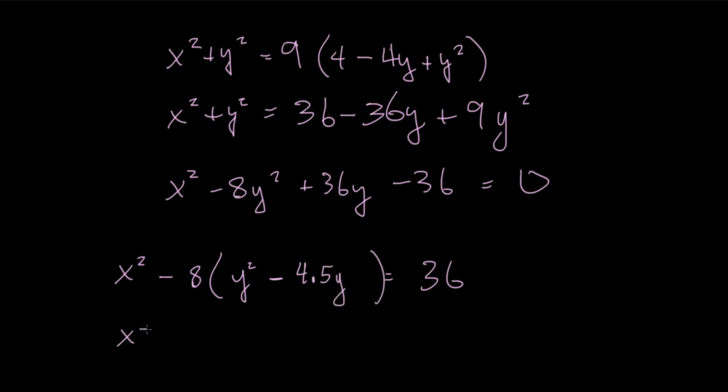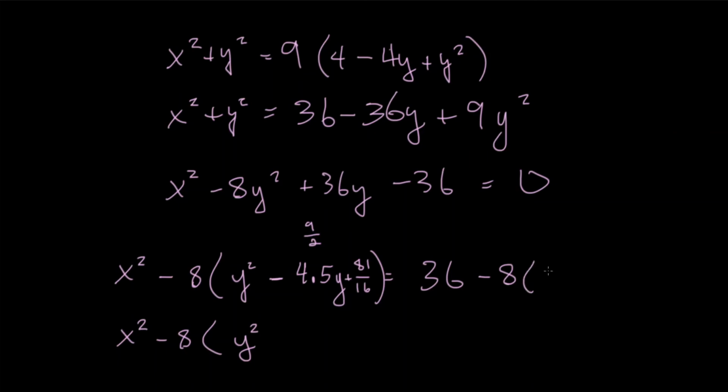And then let's go ahead and complete the square. So we're going to get x squared minus 8 times (y squared minus 9 halves y). What do we need to add? Probably should have written this in fraction form in the first place. We've got 9 halves, so plus this number divided by 2, squared, so 9 fourths squared, which is 81 sixteenths. So we're adding 81 sixteenths times negative 8 to the other side.